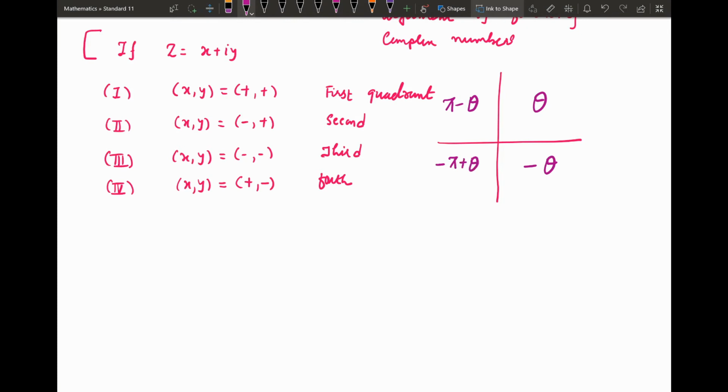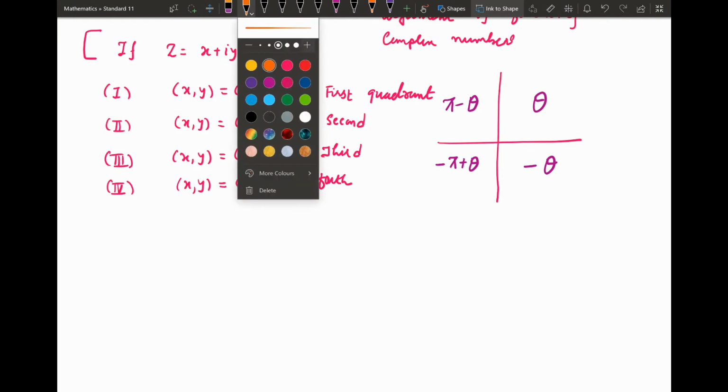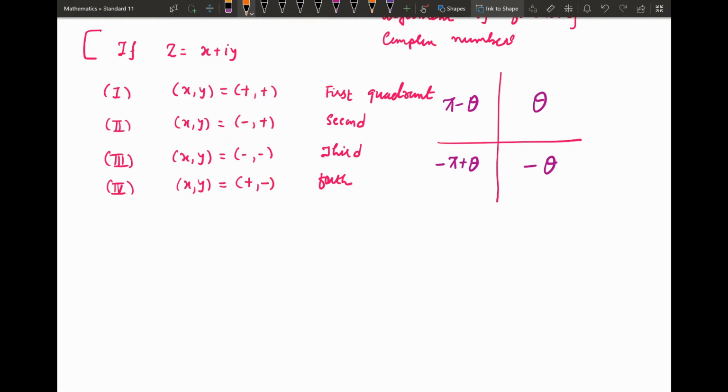So to go into the proper quadrant, without sign you find theta, and then use theta, pi minus theta, minus pi plus theta.